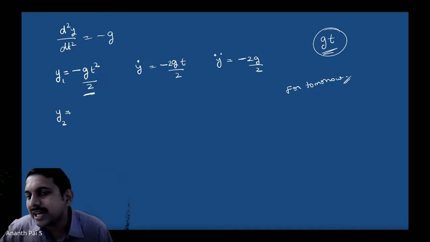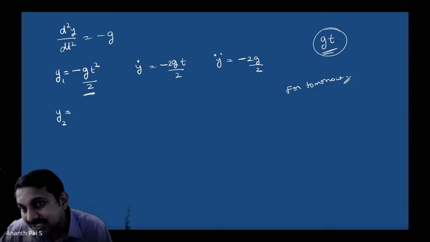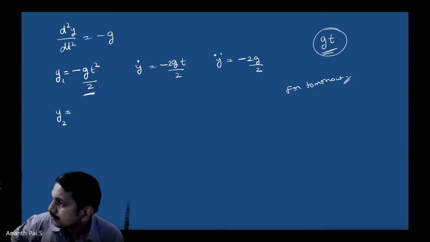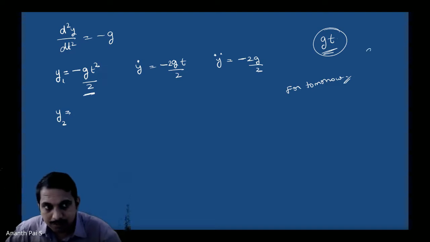I want another y2 which is independent from this but satisfies this equation. GT will not happen, it goes to 0. Correct. Do we get it? G square we can use.